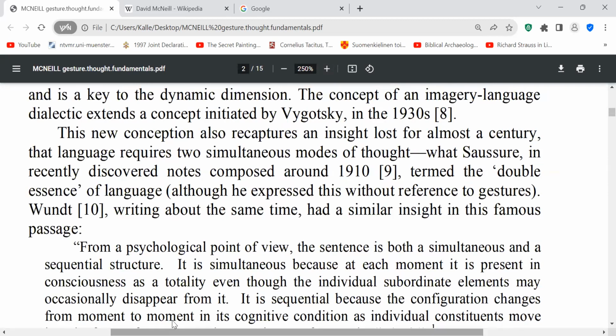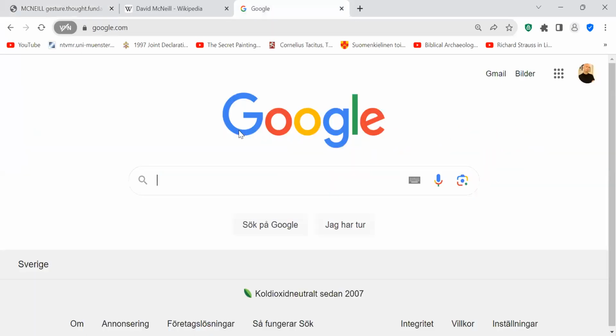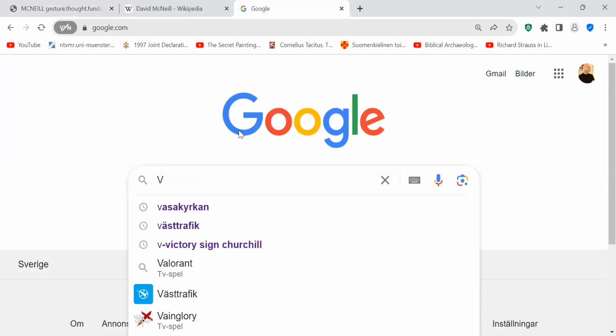The concept of an imagery-language dialectic extends a concept initiated by Vygotsky in the 30s.